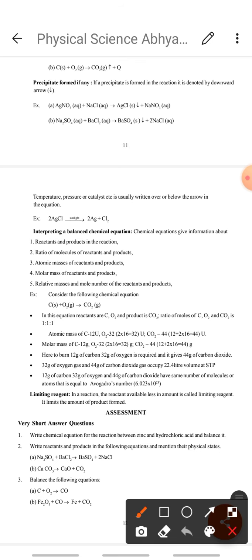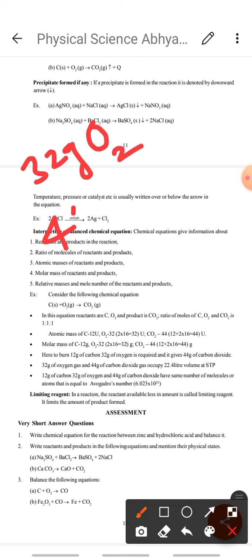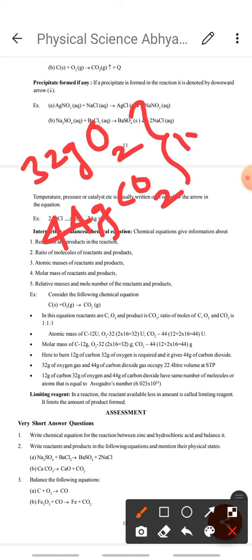Next, here 32 grams of oxygen and 44 grams of carbon dioxide. These are 1 mole substances. So according to the Avogadro concept, it contains 6.023 into 10 to the power of 23 molecules.